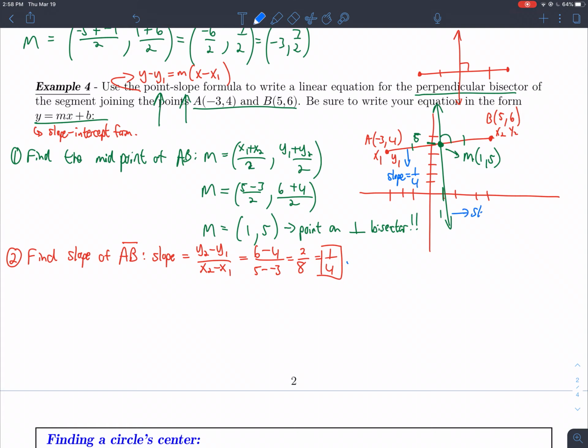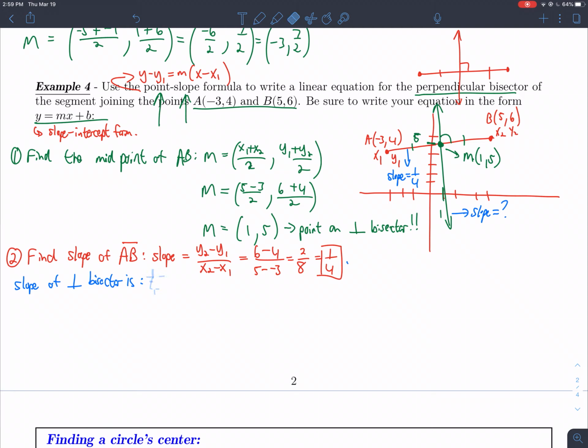I want this slope. But since we know that we're looking for the perpendicular bisector slope, we just say the slope of the perpendicular bisector is this. It's 1/4.